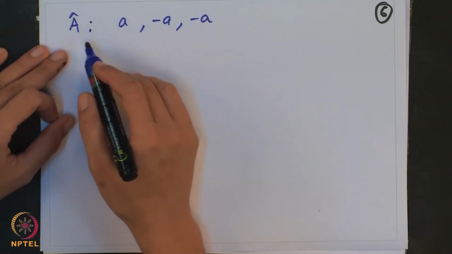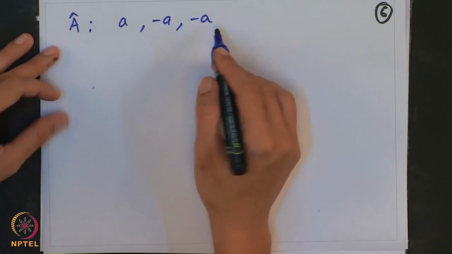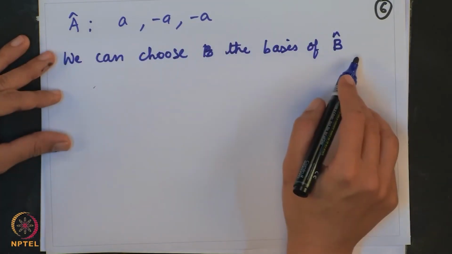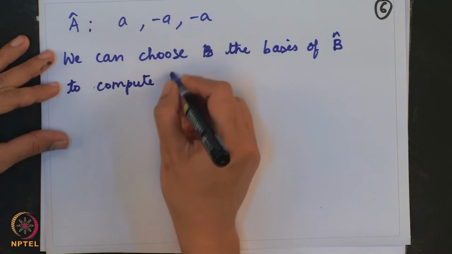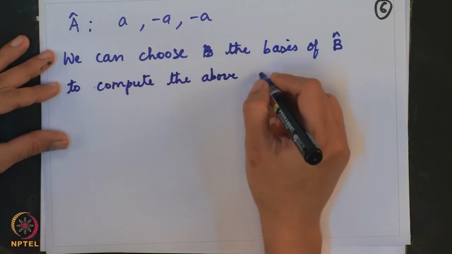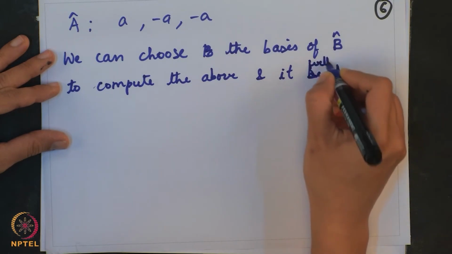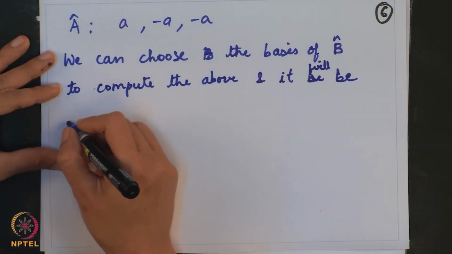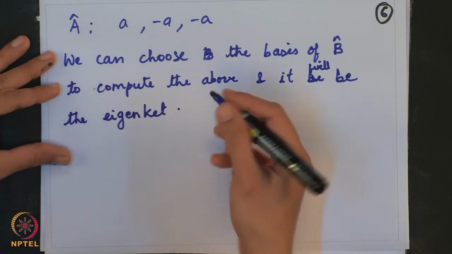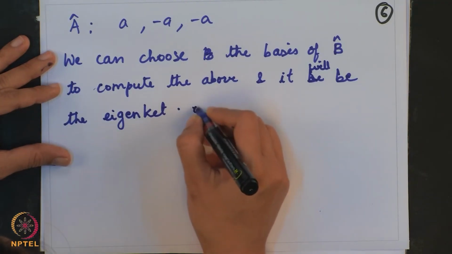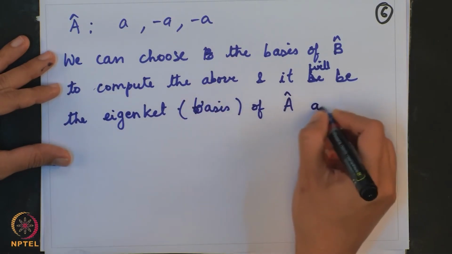So, A has eigenvalues small a, minus small a and minus small a, and we can choose the basis of vector B to compute the above, and it will be the eigenket or the basis of A also.